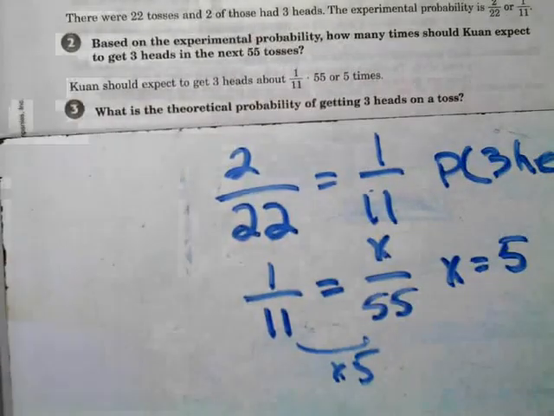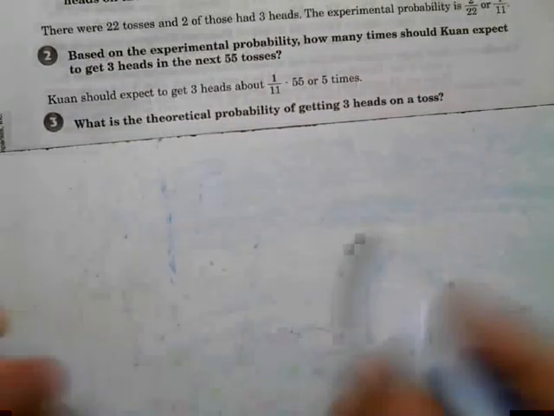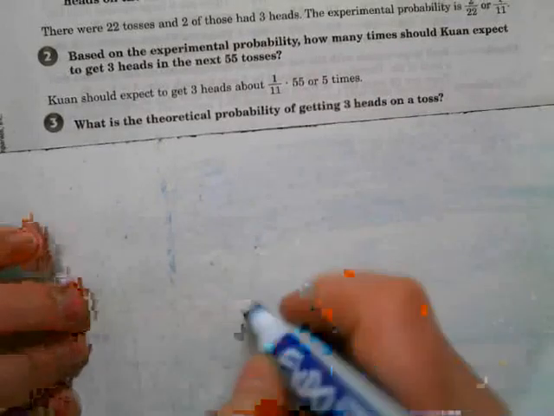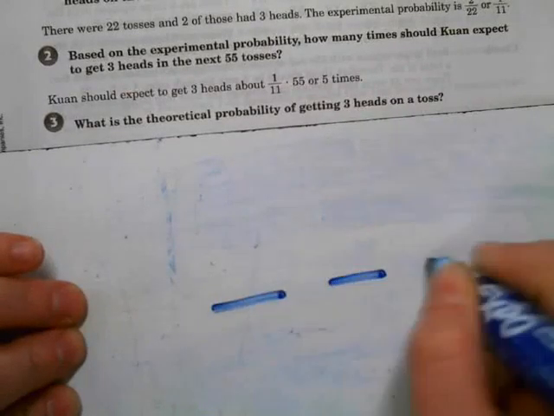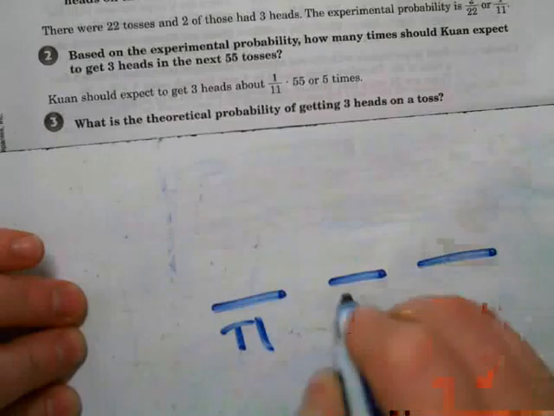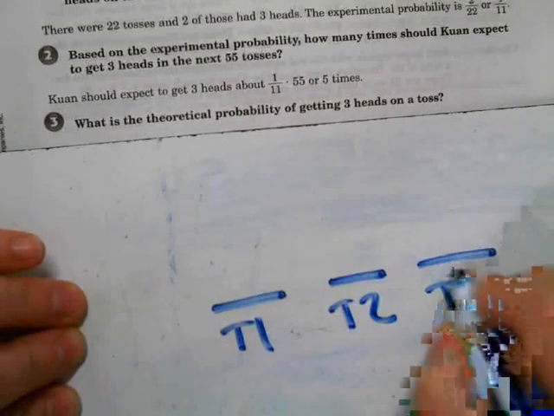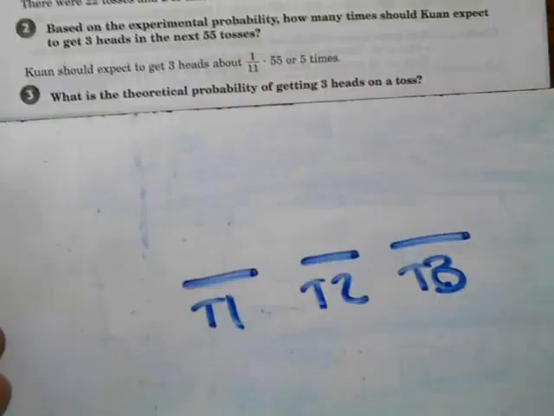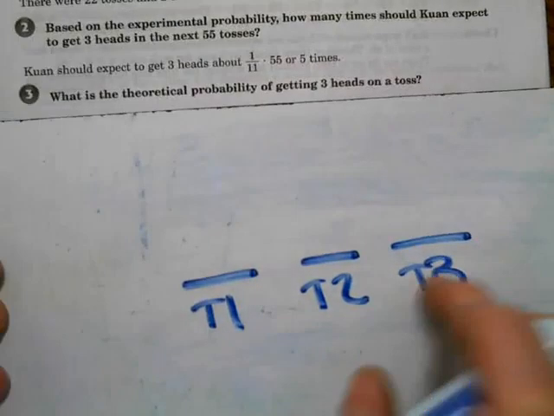That's the experimental. What about the theoretical? What's the theoretical probability of getting 3 heads on a toss? Well, we have 3 possibilities: toss 1, toss 2, and toss 3. And each time, there's a 50% or 1/2 probability. It's either heads or tails.